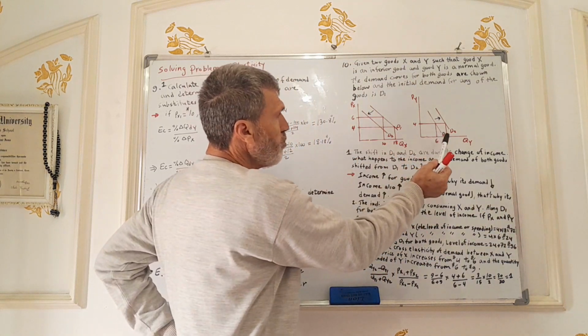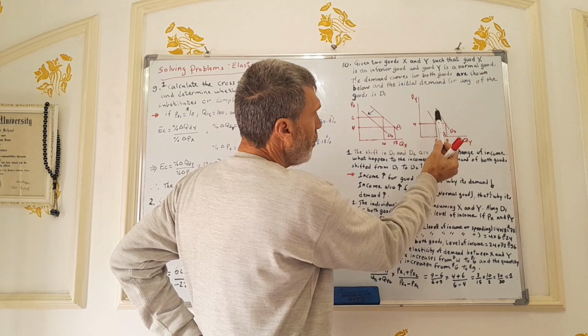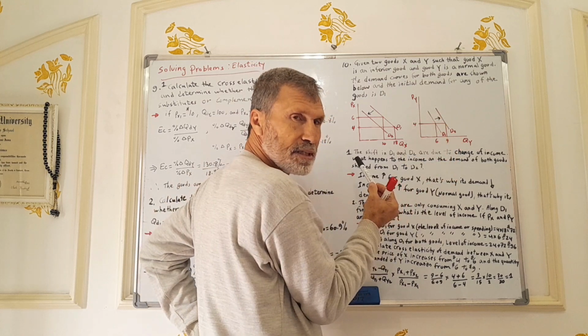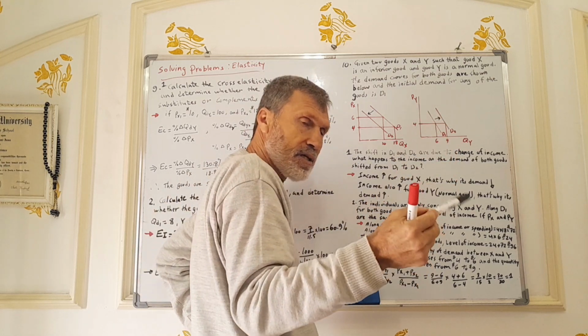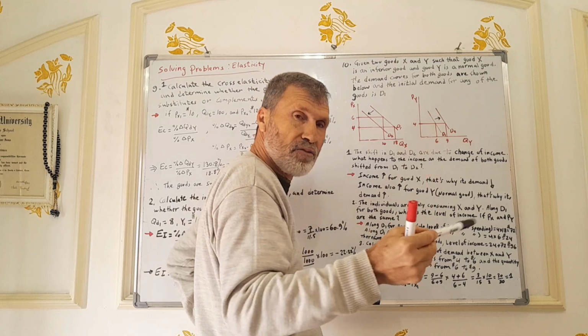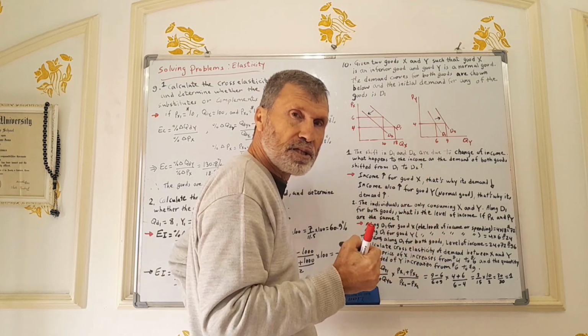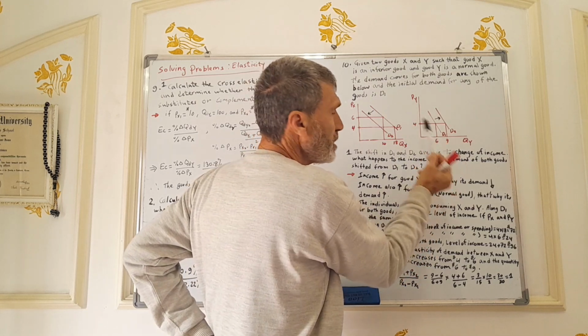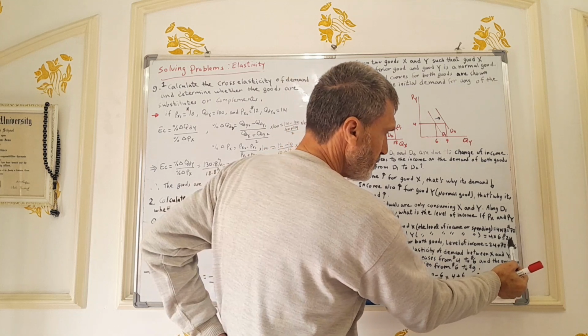Now along D1 for good Y, the level of expenditure is going to be equal to 4 times 6, which is 24.